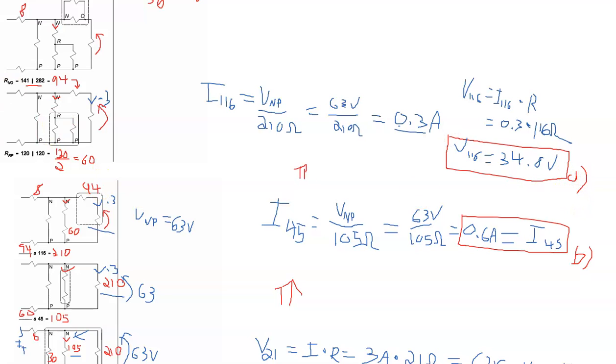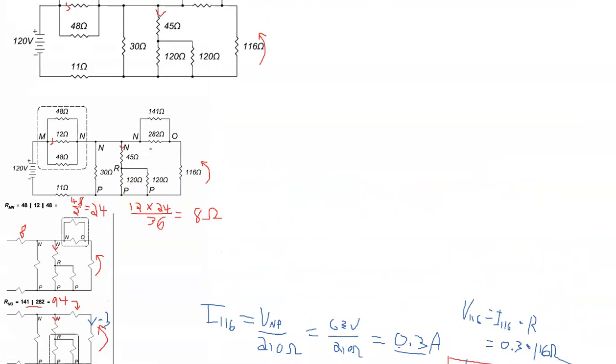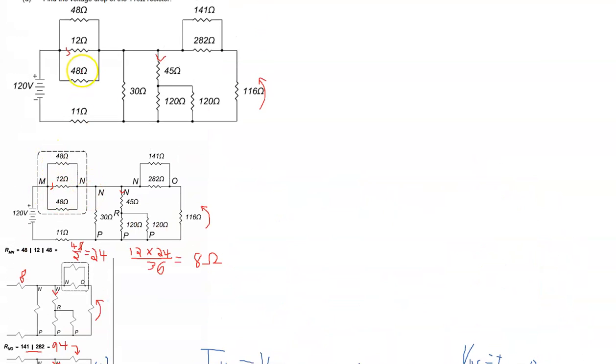Okay, so now remember that we calculated 3 amps through this branch right here, that 8 ohms, and so we're going to move up now to our original circuit. And whether you look at this circuit or the original one up there, what we want to say now is that this 8 ohms right here, we want the voltage drop across there.